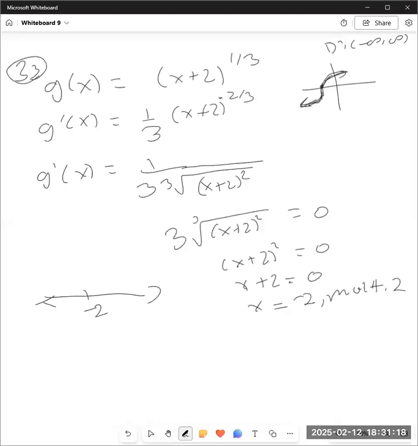When I stick that in here, a negative number squared is a positive number. Positive divided by a positive is positive. A positive number squared is a positive. A positive divided by a positive is a positive. This is increasing and then increasing.